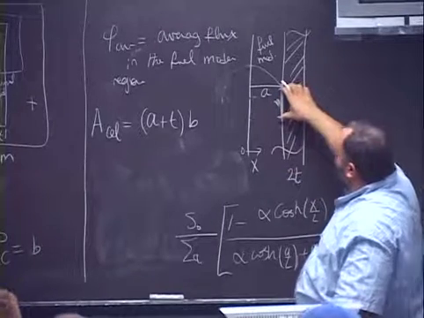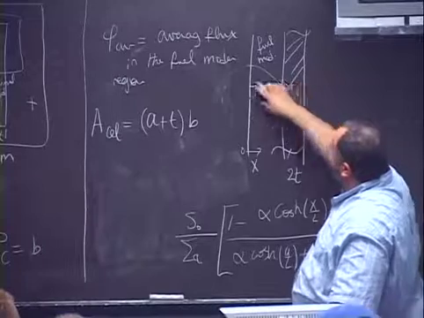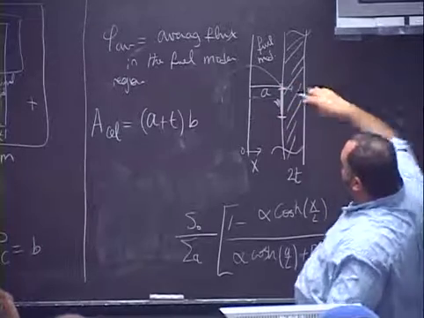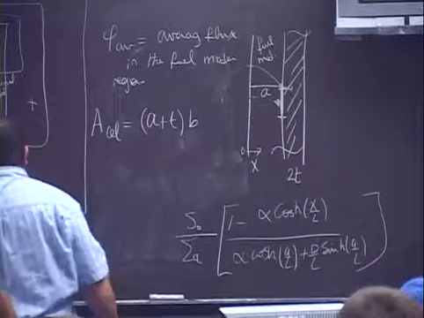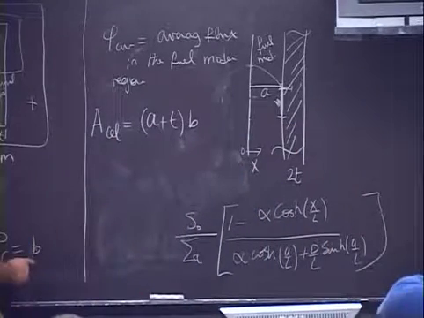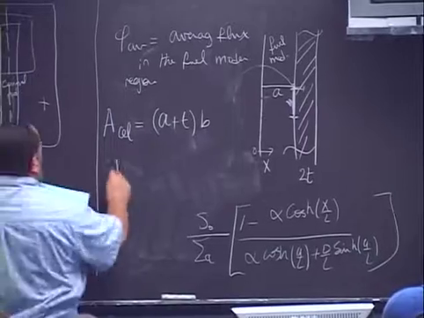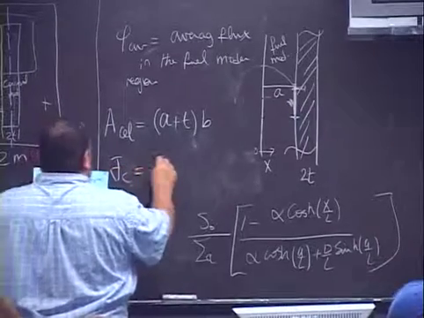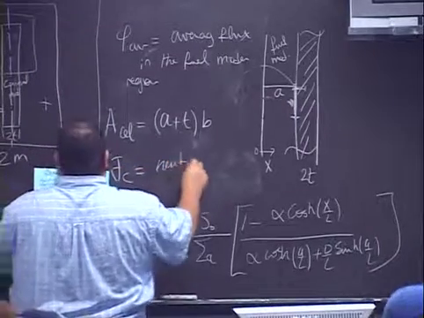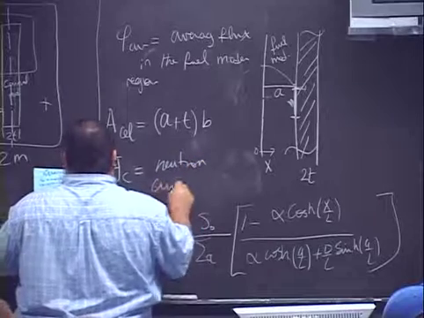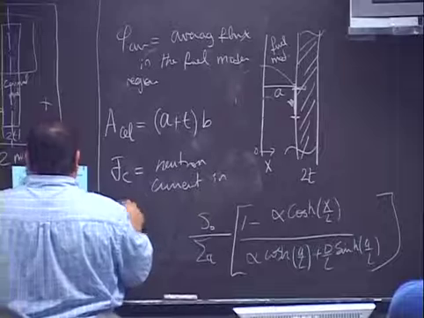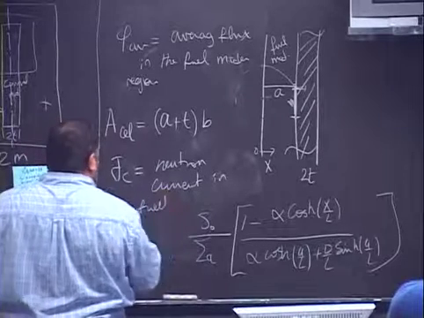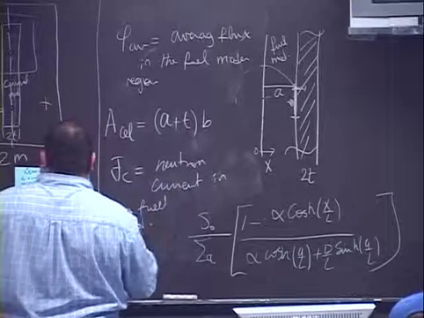This will give you this area, then multiply by 1. This will give you the volume. And BC is just equal to B. And JC is equal to the neutron current in the fuel moderator region.